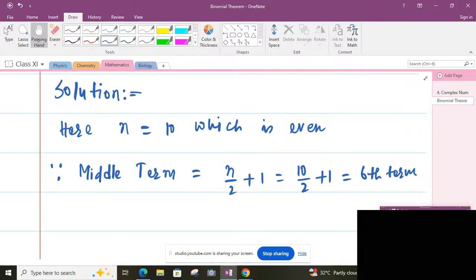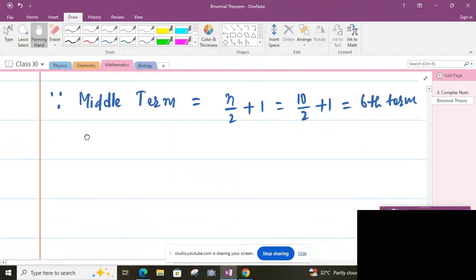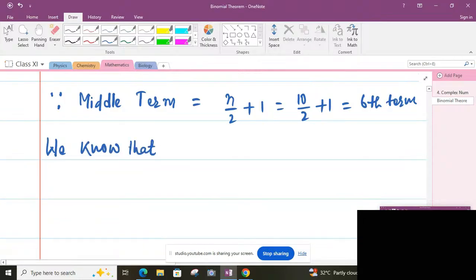Now we write down here, we know that t r plus 1, according to the general term, is nCr into a to the power n minus r into b to the power r.